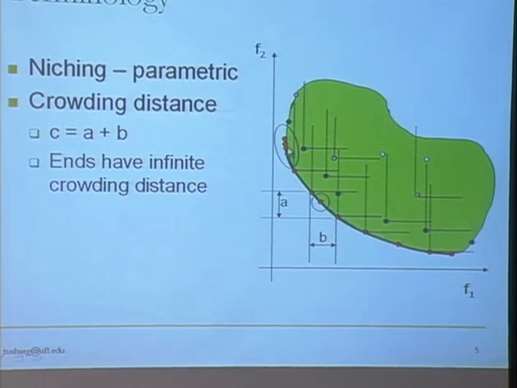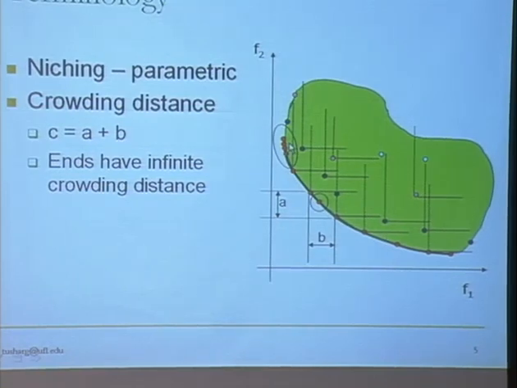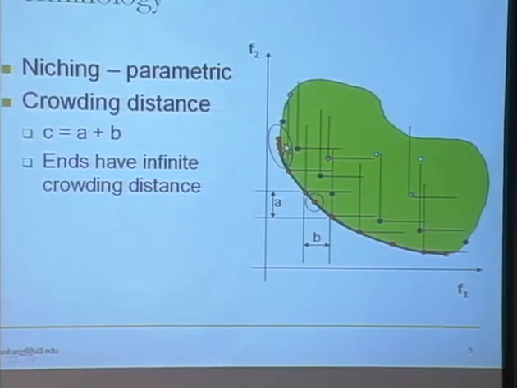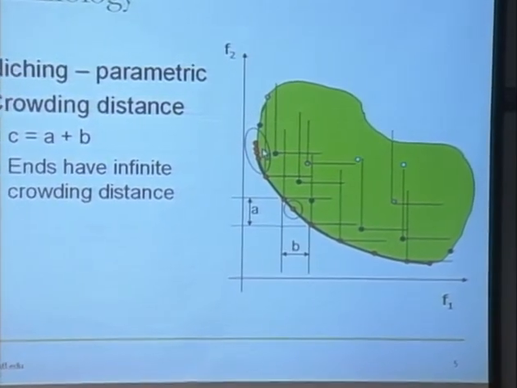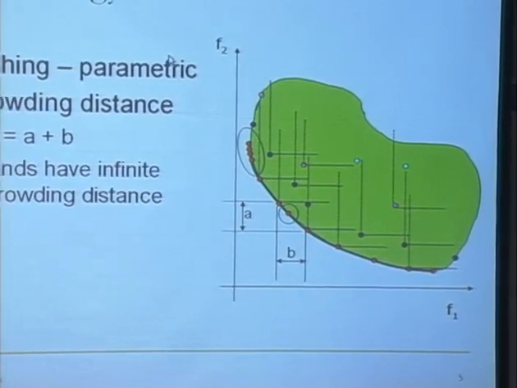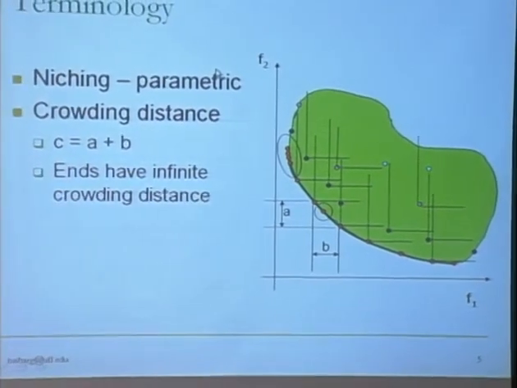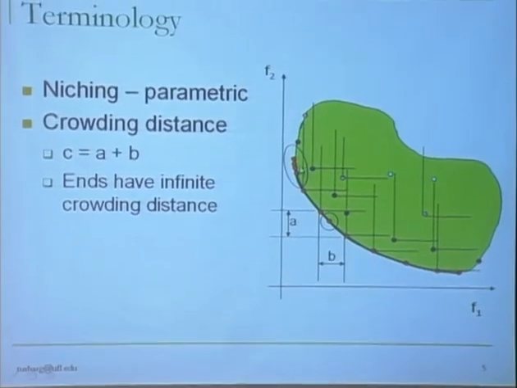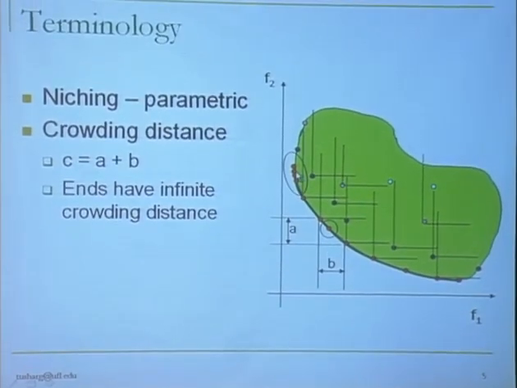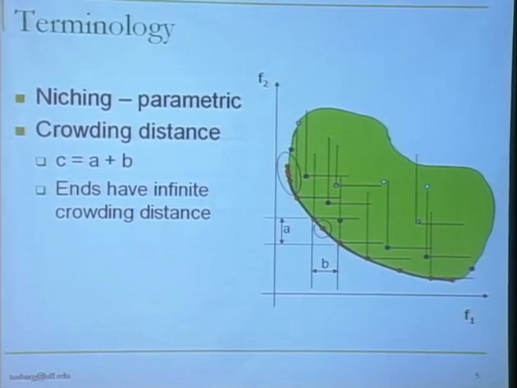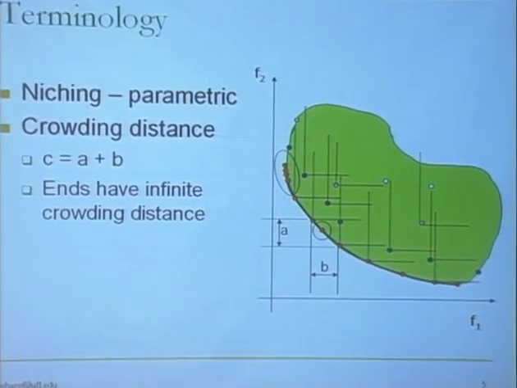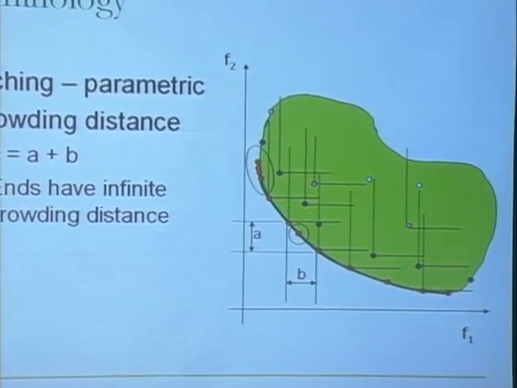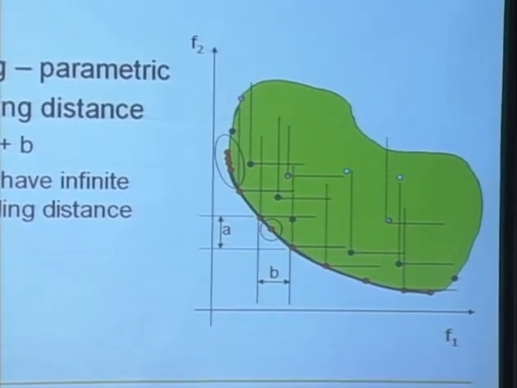So in order to assist the algorithm to spread out the solutions, there are two approaches. First is the parametric approach and second is the non-parametric approach. Niching is a parametric approach. What I mean by niching is, for each solution, if it is crowded by a lot of points, then I specify a radius, the niching radius.